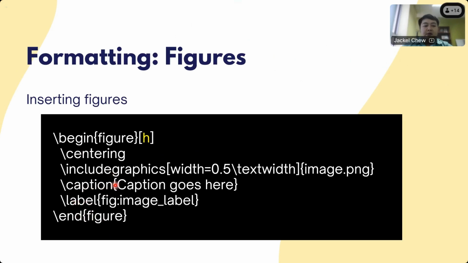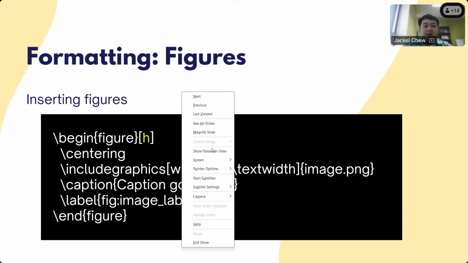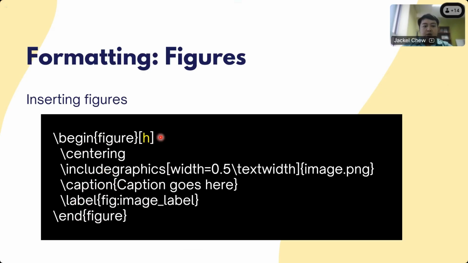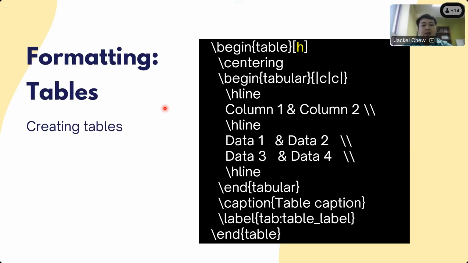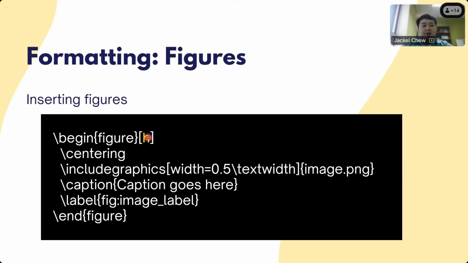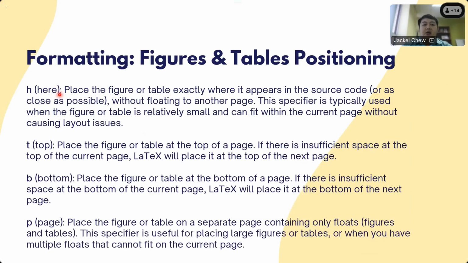There are 5 rows. And then this letter inside the close bracket is where you decide where you want to add the figure in your report. H means you add the figure here. Okay, you want to add the figure here.